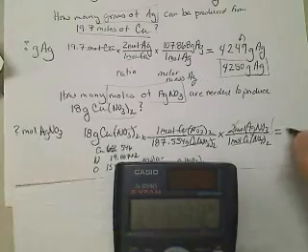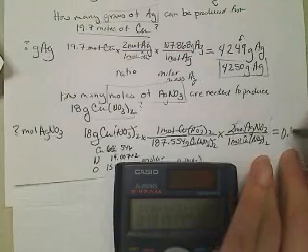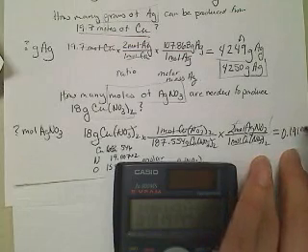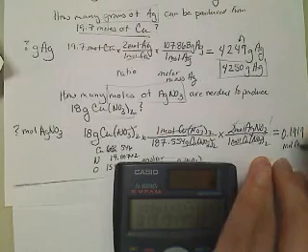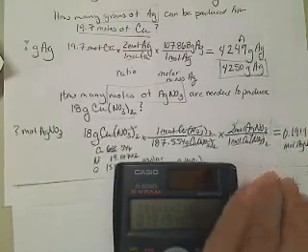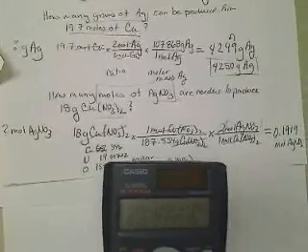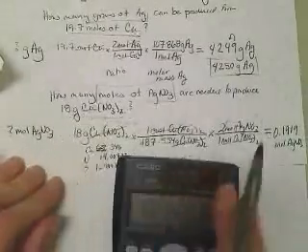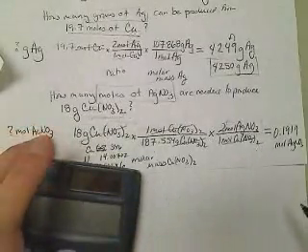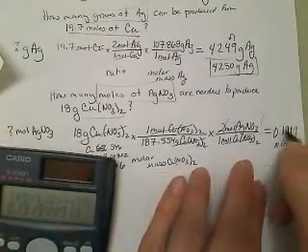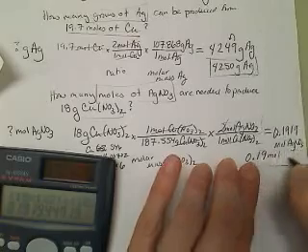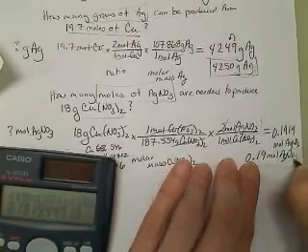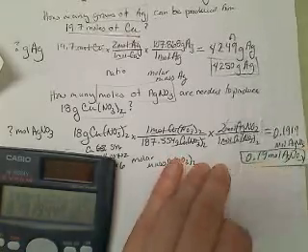All right, and so your answer you get is 0.1919, and this is moles of AgNO3. Now, the only problem we have here is that we can only have 2 significant figures in the problem. Well, my answer here has 4. So I need to round this, and so my answer is going to be 0.19 moles of AgNO3. And there is your answer.